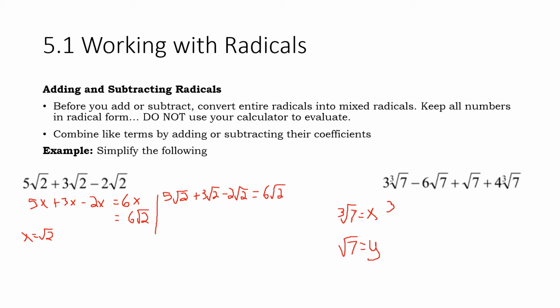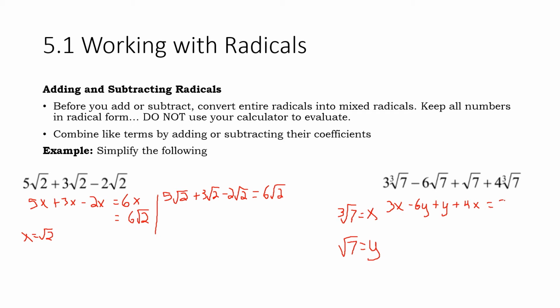We said third root of 7 is x, so 3x minus 6y, we said the root 7's are going to be y, plus y, plus 4x. Now it's probably a little bit easier, if you can connect these together, to see how we would solve these out.